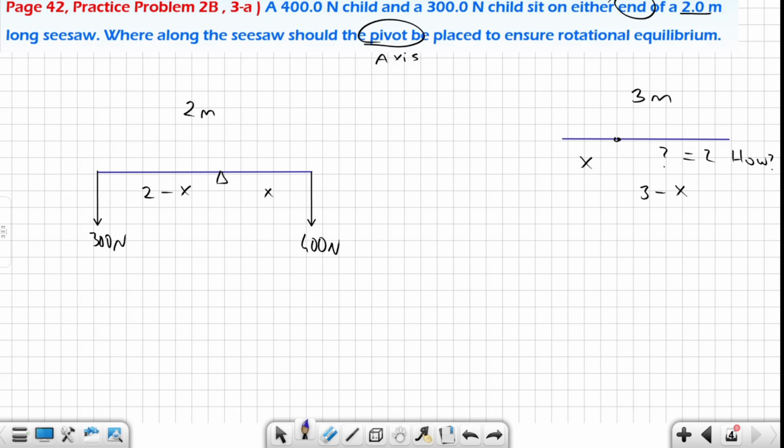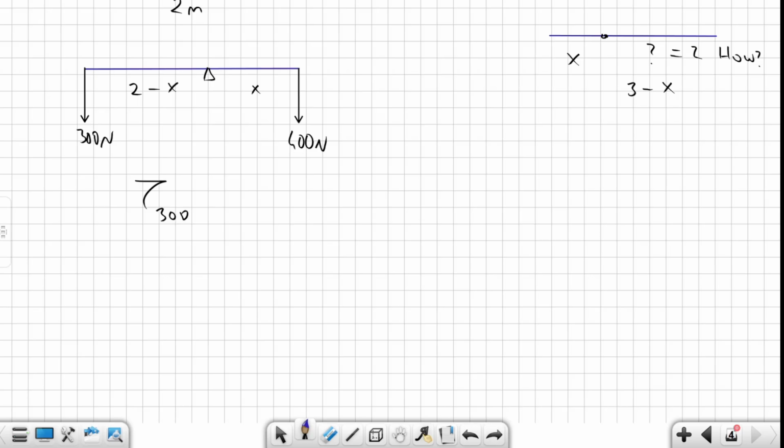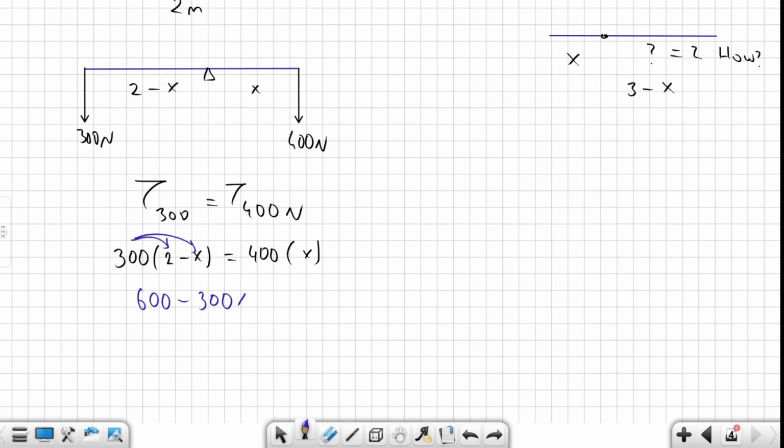Since I have only 2 torques in opposite directions, the torque of the 300 Newton child must be equal to the torque of the 400 Newton child, and torque is equal to force times distance. So the right side will be 400 Newton times x, and the left side will be 300 Newton times (2 minus x). 300 multiplied by 2 and then by x, so I will get 600 minus 300x, which is equal to 400x.